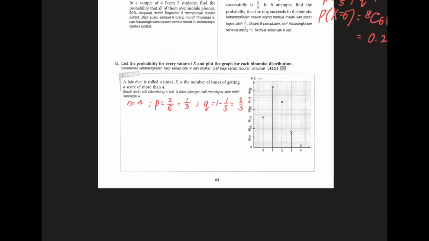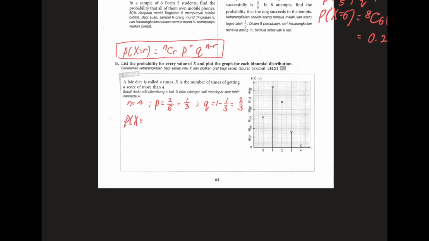Let's see how to use the calculator. It depends on what calculator you are using, but the way to press it is more or less the same. First we need to know the formula of probability. P(X = r) equals nCr, p to the power of r, q to the power of n minus r. This is the formula. To press the calculator, first we need to know we have to count many probabilities.